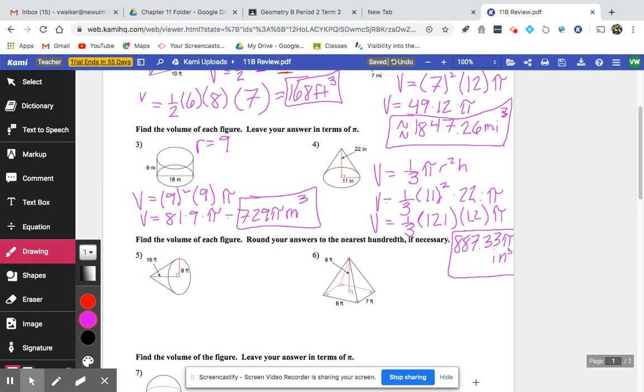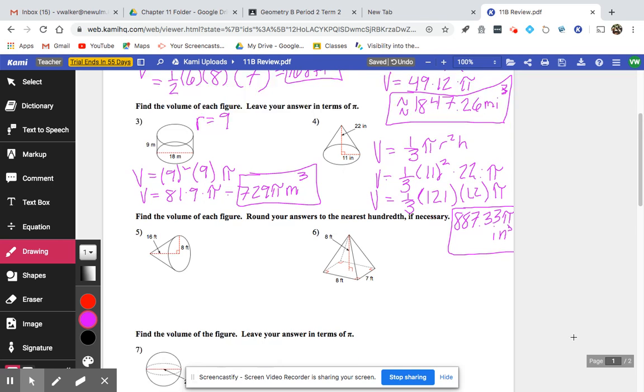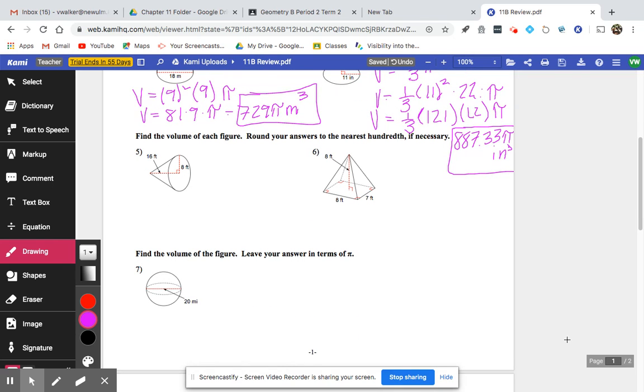Number 5, find the volume, round to the nearest hundredth. Another cylinder. I did it again. It's not a cylinder, it's a cone. 1/3 pi r squared h. Let's see if I can do this correctly. 1/3, radius is 8, squared, height is 16, times pi.